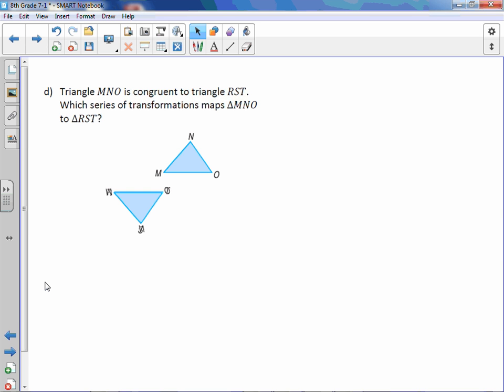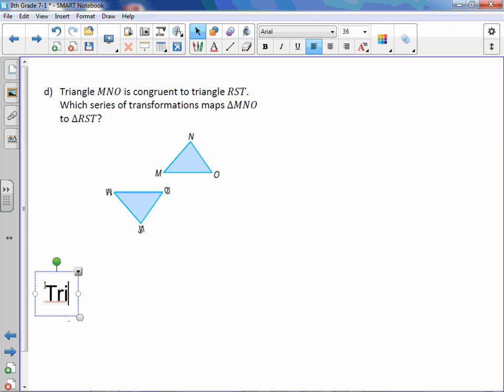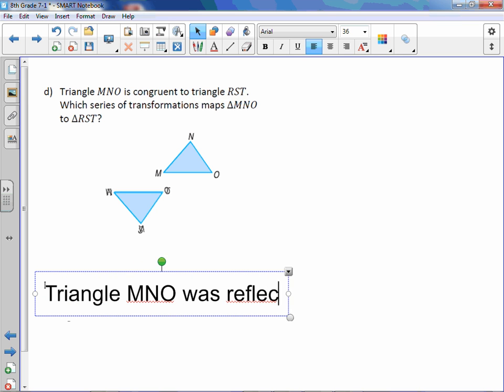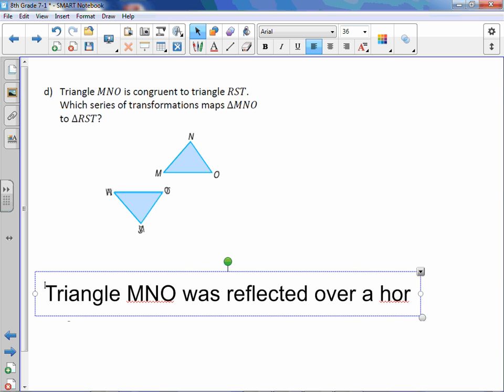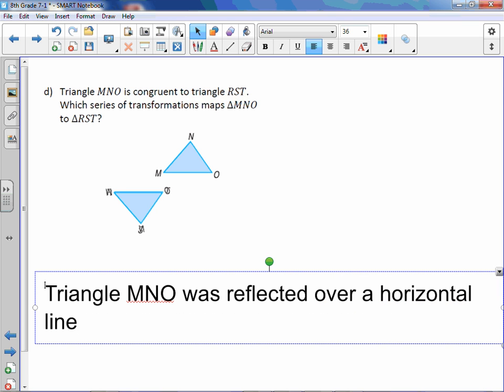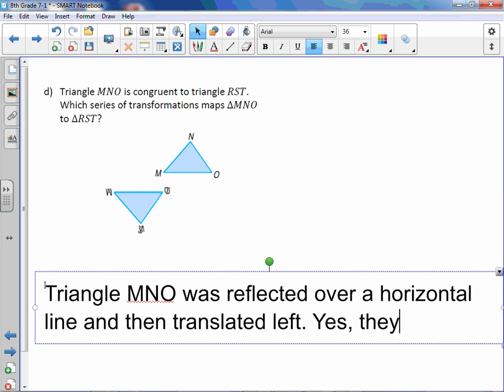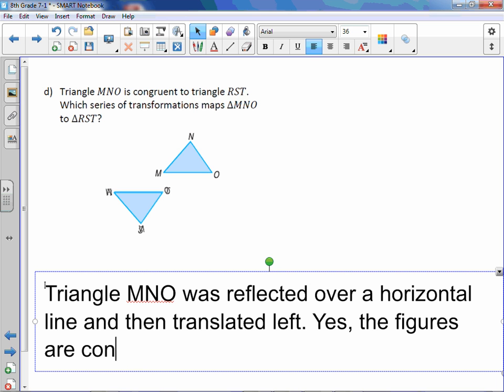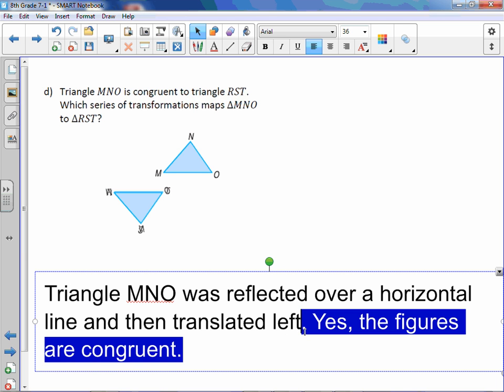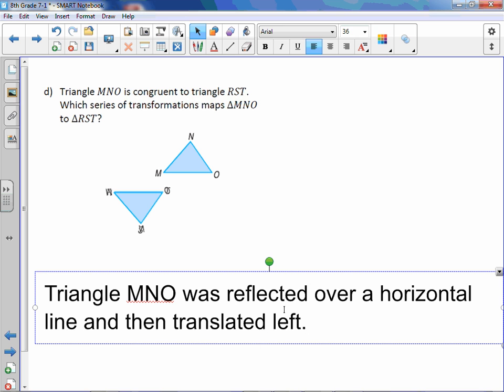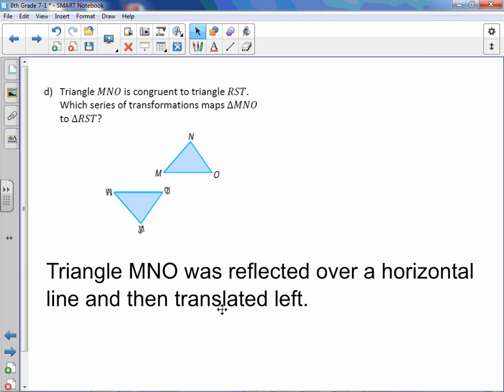So, which series of transformations? So we have triangle MNO was reflected over a horizontal line and then translated left. Oops, actually we didn't have to say that part. It already told us they were congruent. We're just looking for the type of transformations.